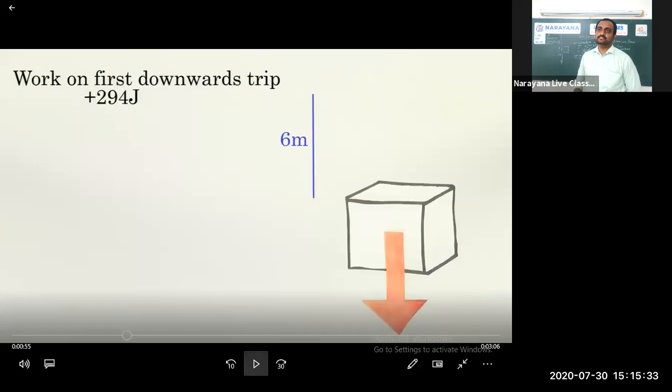Why have we taken plus here? Because the displacement is along the direction of the applied force. Suppose the displacement is opposite to the direction of the applied force, then we have to take it as negative.